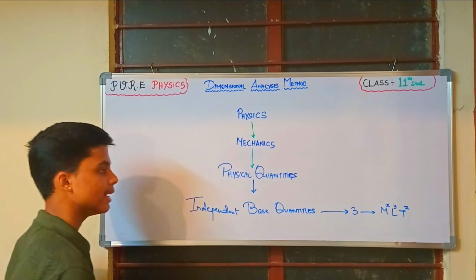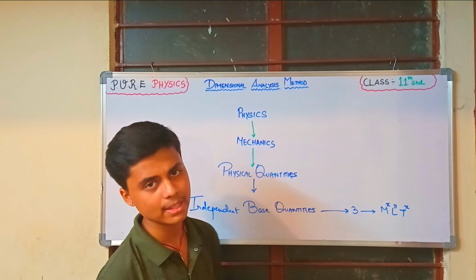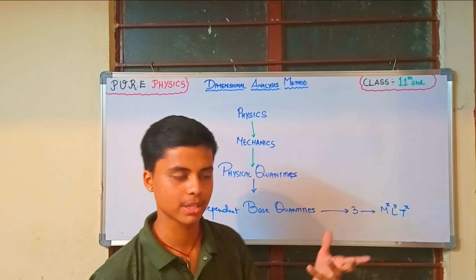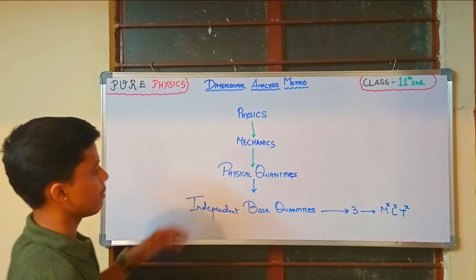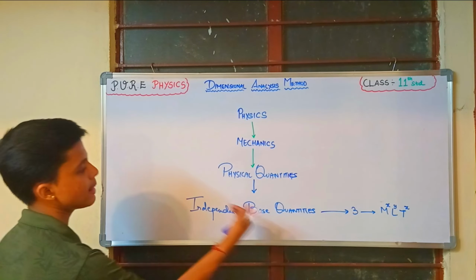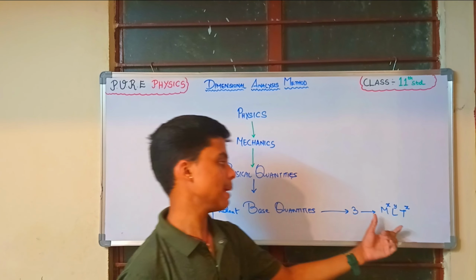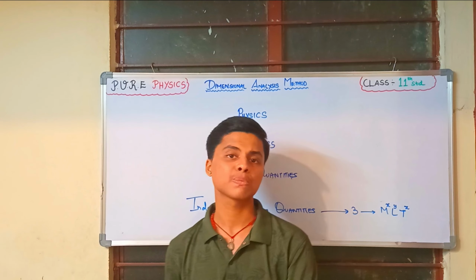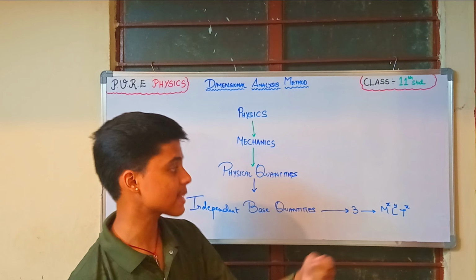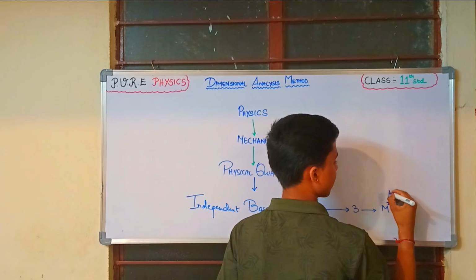It will not be the same for all the physical quantities. For one quantity the powers will be one thing, and for other physical quantities it will be different from the first one. So when you convert the physical quantities in terms of their independent base quantities, the independent quantities will have their exponents or powers, which represent the dimensions of the physical quantity.